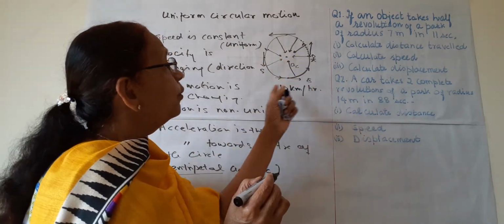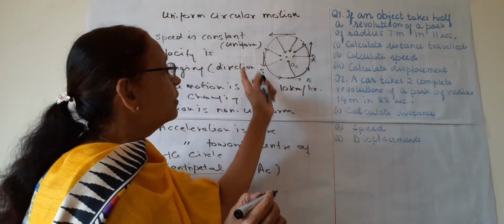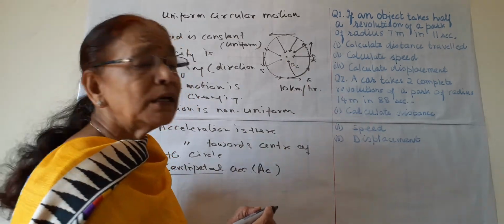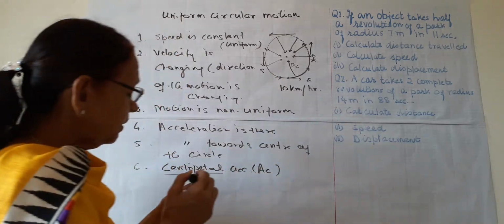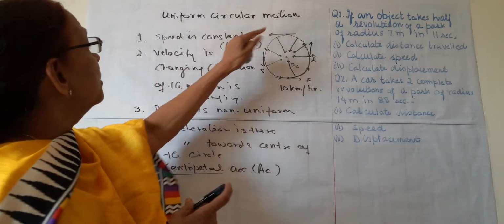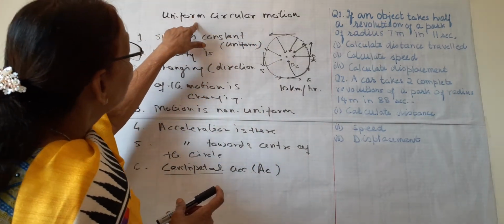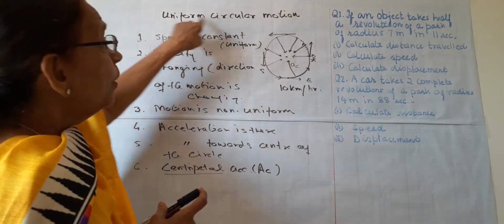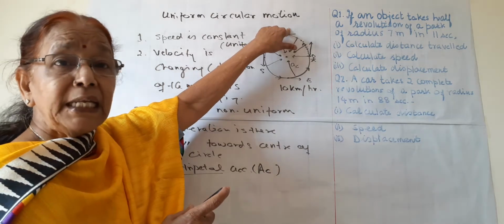So due to non-uniform velocity, acceleration is caused, and this acceleration is towards the center. So this is a special type of motion. We have to use the word circular. It is not uniform motion, not the linear motion.